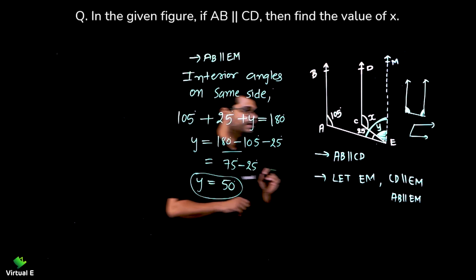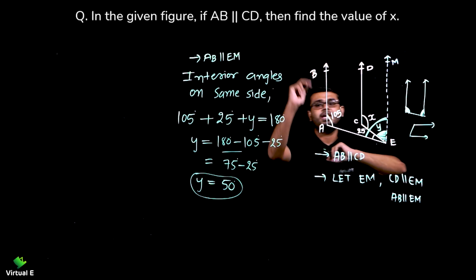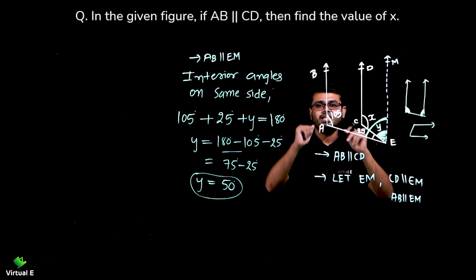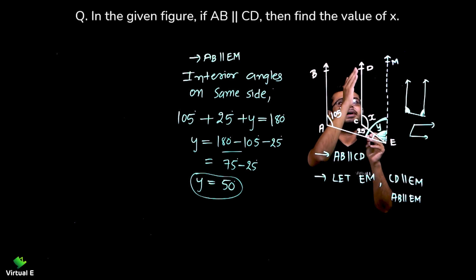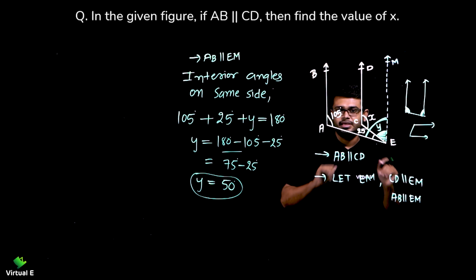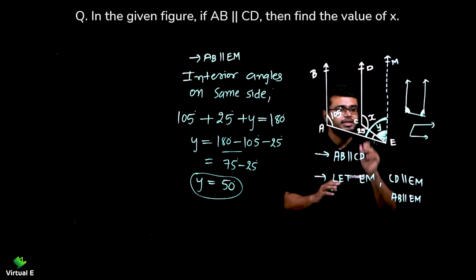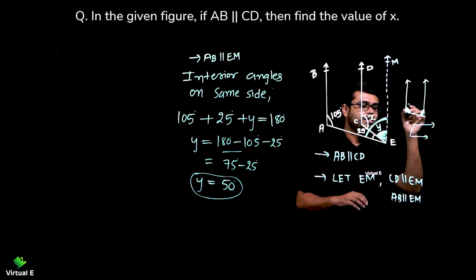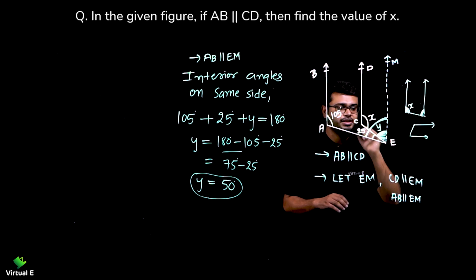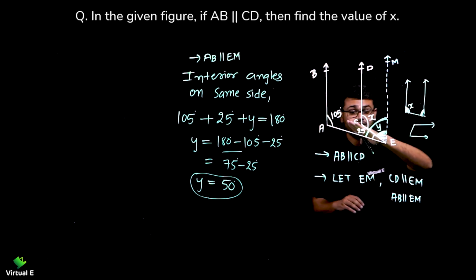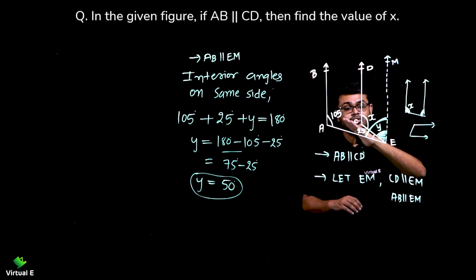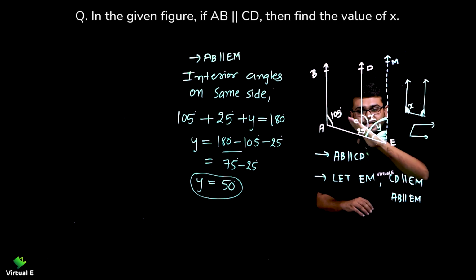Now, what we did with these two parallel lines, AB and EM, the same we are going to do with parallel lines CD and ME. So how it is looking right now, you have X over here, and for this one the common transversal is CE.